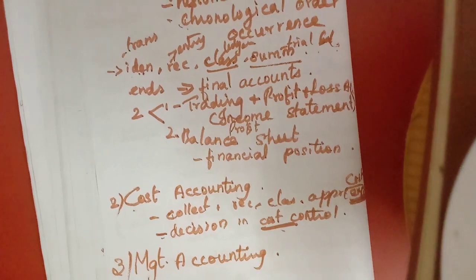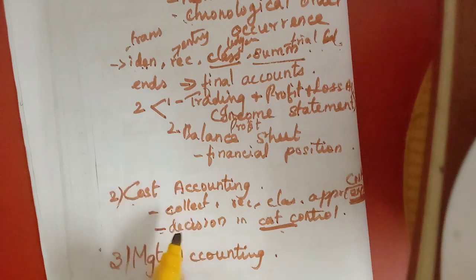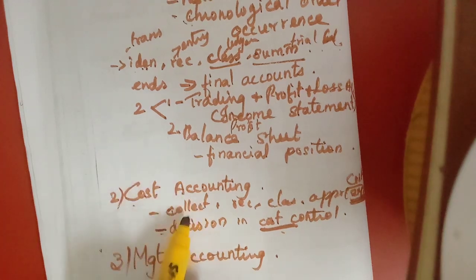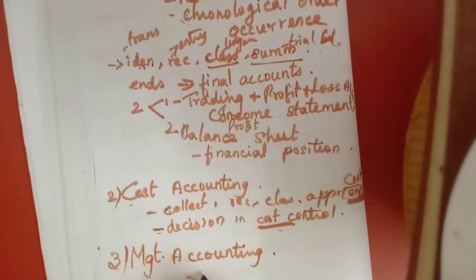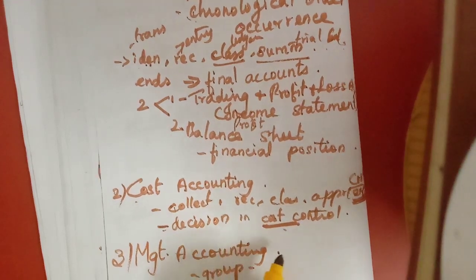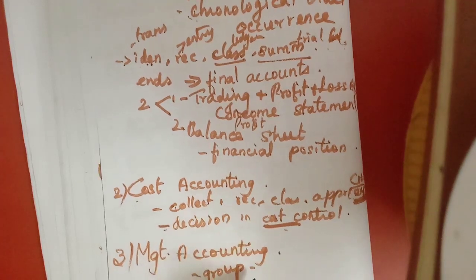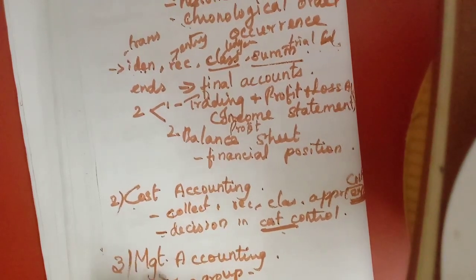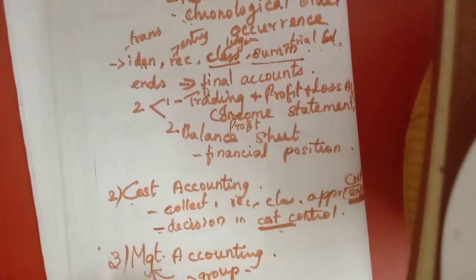But they will get the financial accounting information and the cost accounting information that they have collected, and they will group it, sort it out, analyze it, and present it again for the management, in order to take decisions.